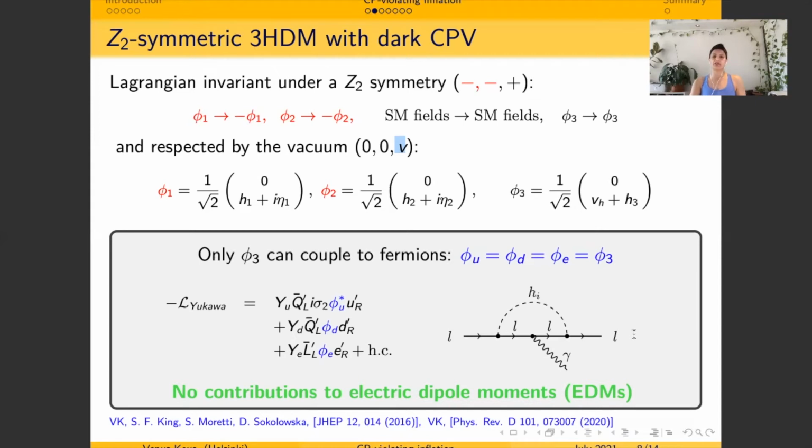But as I mentioned before, the only scalars that are allowed to couple to fermions are the scalars from the phi 3 doublet, which is the standard model Higgs doublet, which doesn't have any CP violation. The CP violation is introduced in the dark doublets, which aren't allowed to couple to fermions anyway, which means that I can introduce a large amount of CP violation without running into the constraints from the precise measurements of electric dipole moments. And it is in this context that we studied CP violating dark matter with very interesting and novel phenomenology.